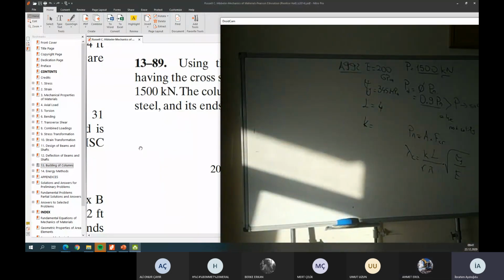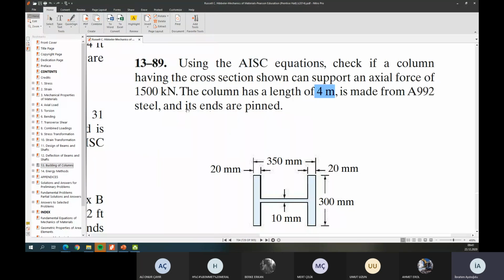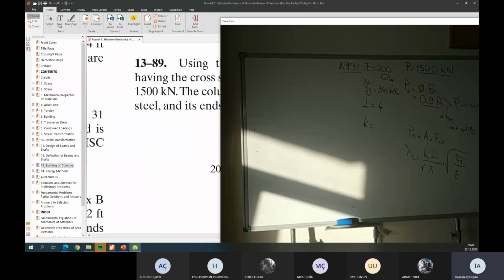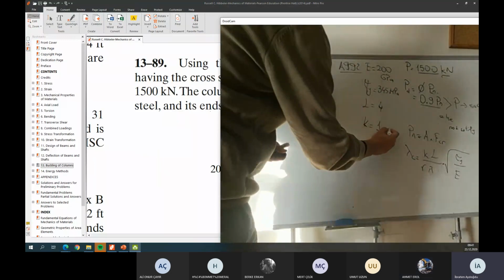Is there any information about the boundary condition? You can see its ends are pinned. What does pinned mean? Both ends are pinned, meaning we take K equal to, do you remember? 1. Exactly, thank you. K is equal to 1 because this is the ideal case.